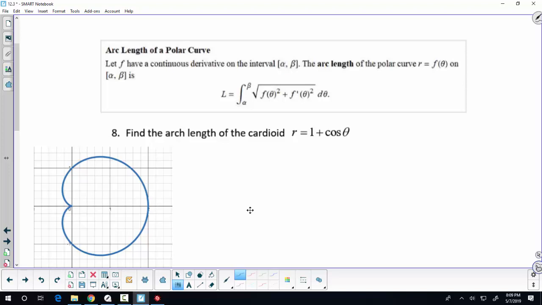If you didn't have a graph, then you would just start plotting points and see how long it takes for this thing to be plotted in one full curve.